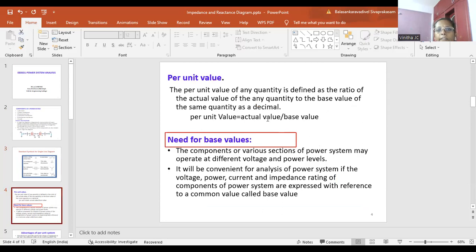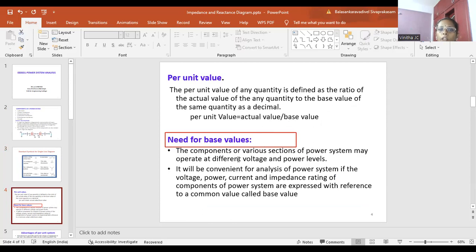Next, let us see the definition for per unit value. The per unit value of any quantity is defined as the ratio of actual value divided by base value. In power system, all the values, that is the voltages, currents, all those things will be represented by the per unit value. And here, let us see what is meant by base value. What is the necessity to calculate these base values?